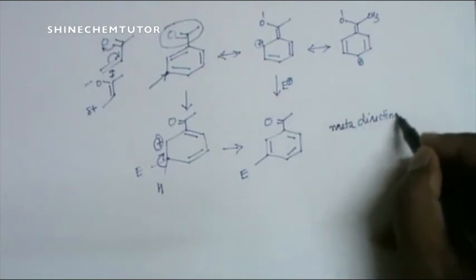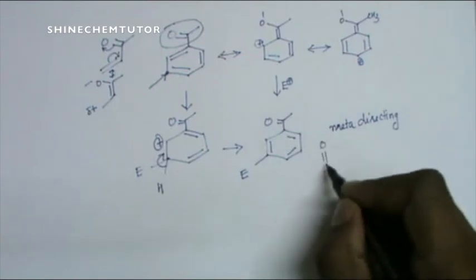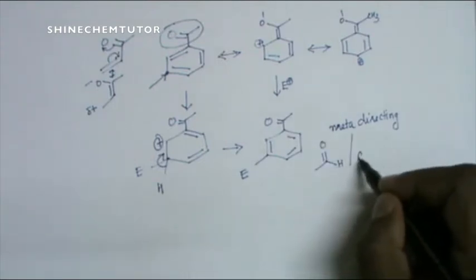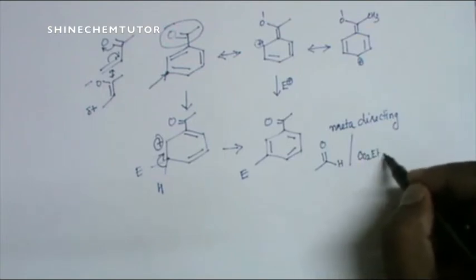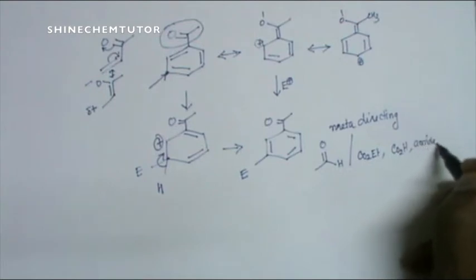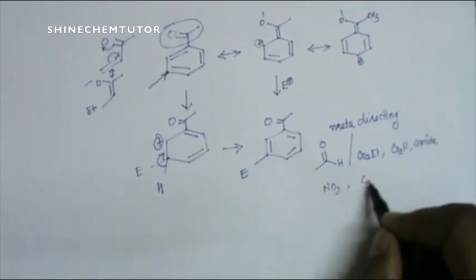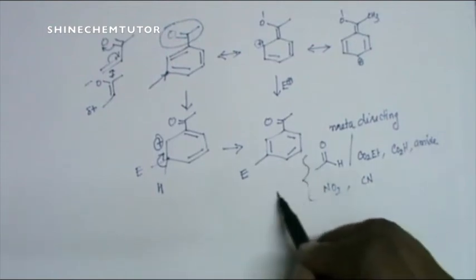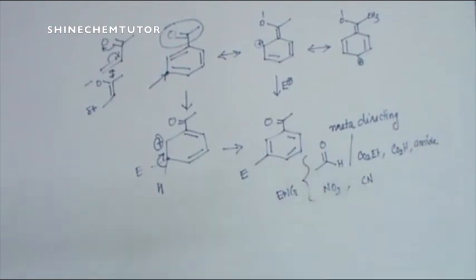Not only ketone, we have all carbonyl groups, maybe aldehyde, ketone, ester, acid, amide, also nitro, nitrile. All these electron withdrawing groups are referred as meta directing group.